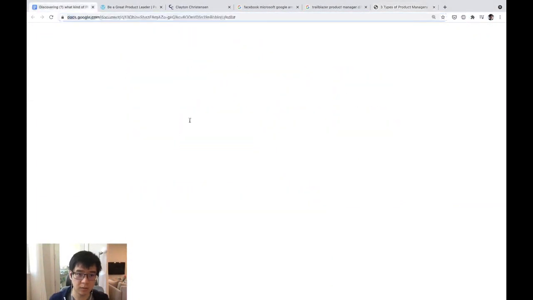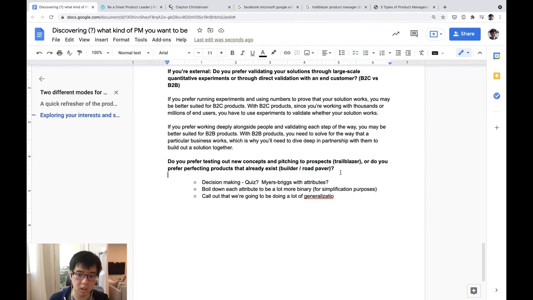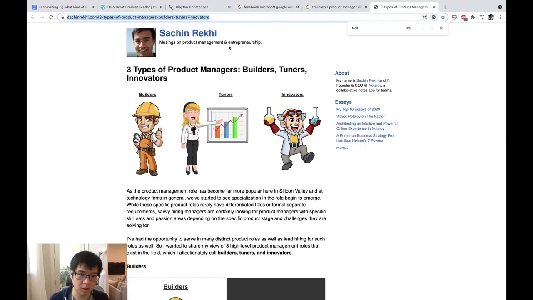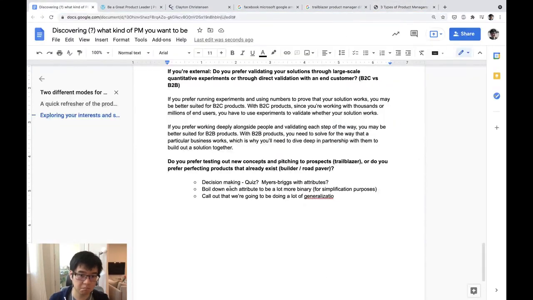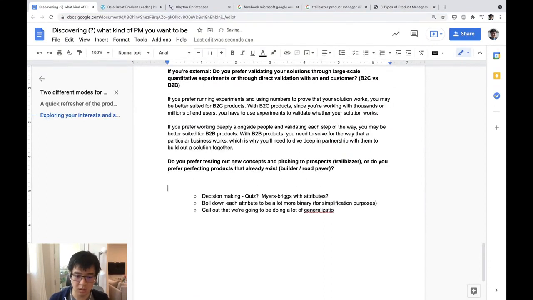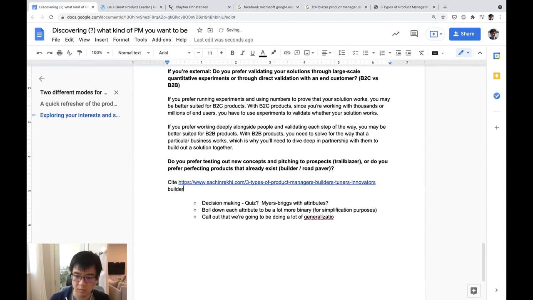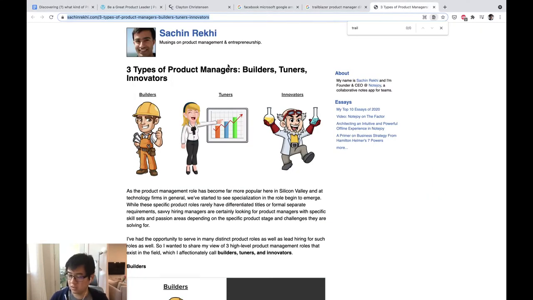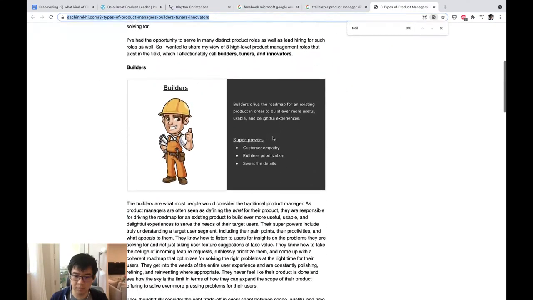Okay, I'm going to want to make sure that I cite Sachin Rekhi. He's a really solid author, by the way, so check him out. Cite builder, tuner, innovator. That said, I don't necessarily agree with this.